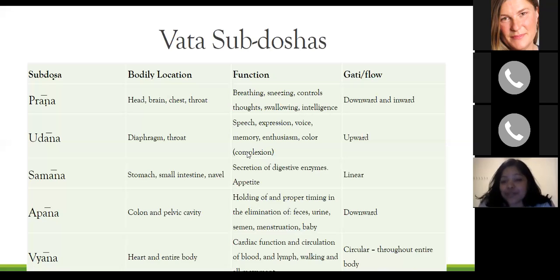If we were to really use the term, both are considered different types of asthma. Asthma is also a breathing difficulty. However, breathing difficulty can also be a symptom and not necessarily a disease. So that's why when we look at it in a common disorder of Pranavata, we're looking at it as a very mild sign and symptom. Whereas when we're looking at it in Udanavata, it is actually the same sort of condition, but as an actual disease instead of just a symptom.